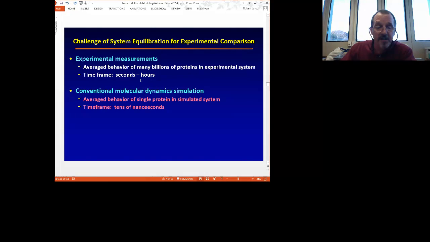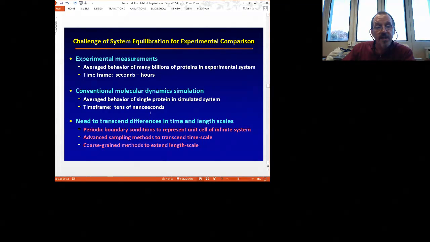Compare this to a conventional molecular dynamics simulation, where we're looking at the average behavior of a single protein, for example, with time frames of tens of nanoseconds. Obviously there's an enormous gap between the experiment and our simulation, and we've got to find a way to bridge this gap.